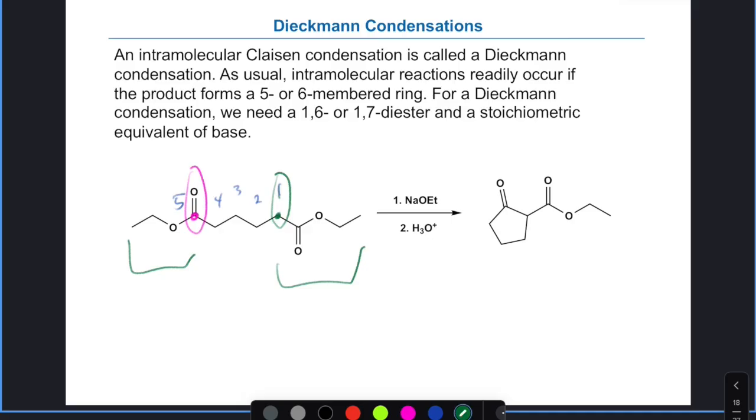It's attached to whatever fragment's outside the ring. I'm going to have the new bond between 1, 2, 3, 4, and my electrophile. The center here, this is number 5. My new bond exists between carbon 1 and carbon 5. And the same rules we talked about before apply. You're looking for 5s and 6s. A 5-membered ring and a 6-membered ring is what's going to form under these conditions.